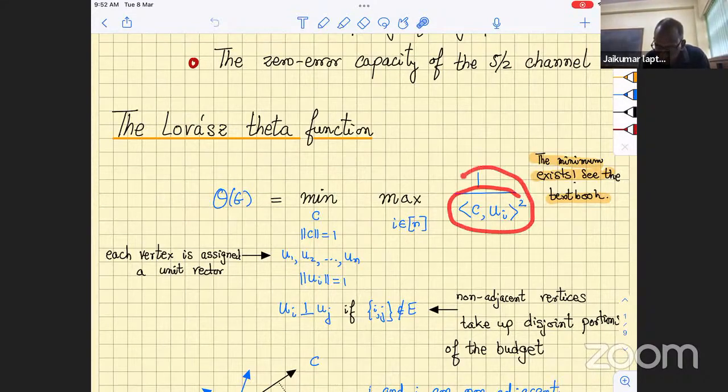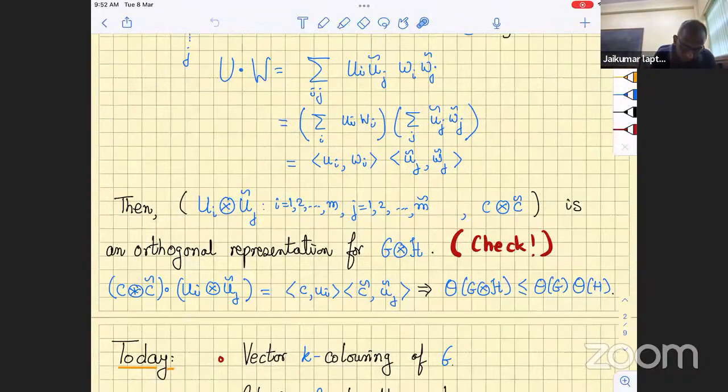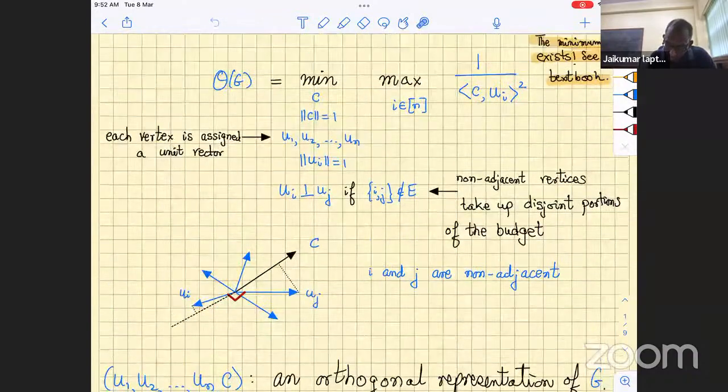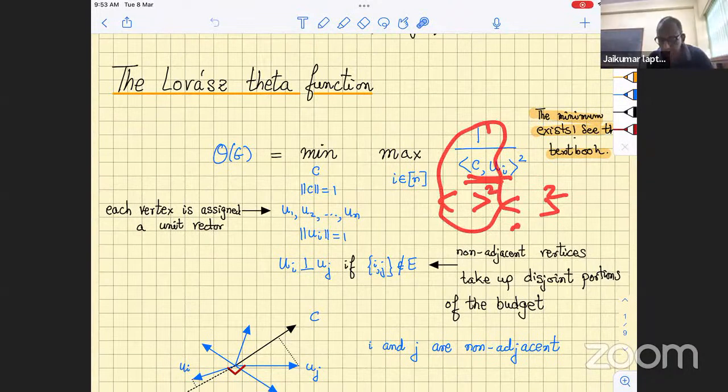How does this perform? Okay, so now when you take the dot product of the new handle with a particular vector of this kind, our rule tells us that we can take the dot product here and the dot product here. But this implies that when we try to look at this expression here, this will split into two dot products squared, and the first dot product squared will correspond to, or the reciprocal of it will correspond to the theta function of the graph G, and the second one will correspond to the theta function of the graph H. Okay.